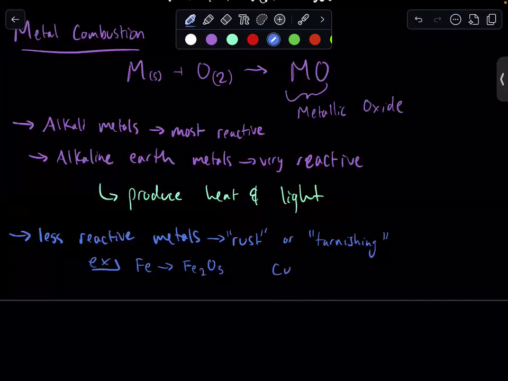Copper can be Cu, turns into Cu2O or CuO, cuprous or cupric oxide. Silver often becomes Ag2O. So this is what we say when things develop a patina, like the Statue of Liberty turns blue. Silver instruments kind of turn that brownish color over time. Rust is red, brown, orangey color.